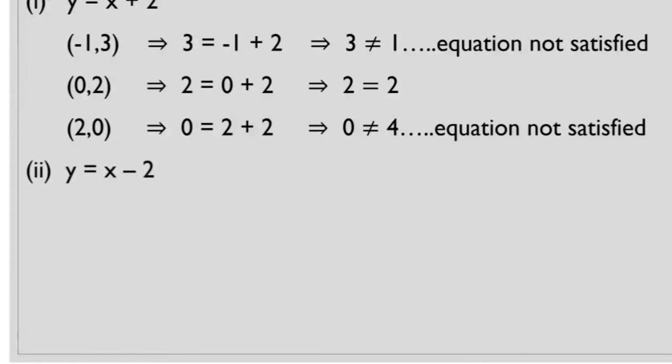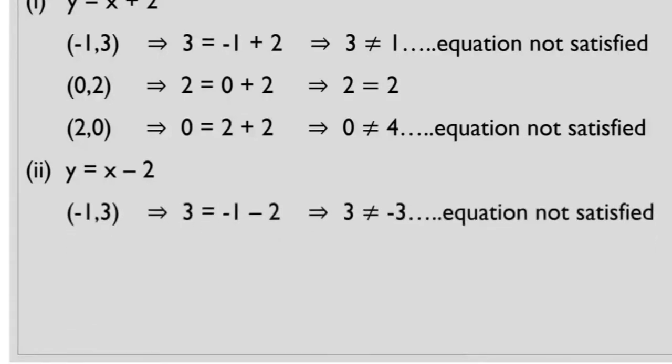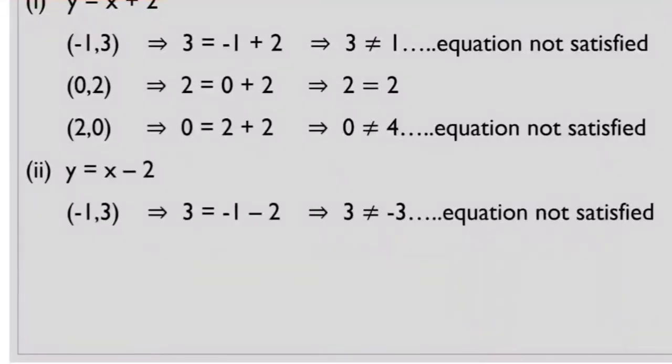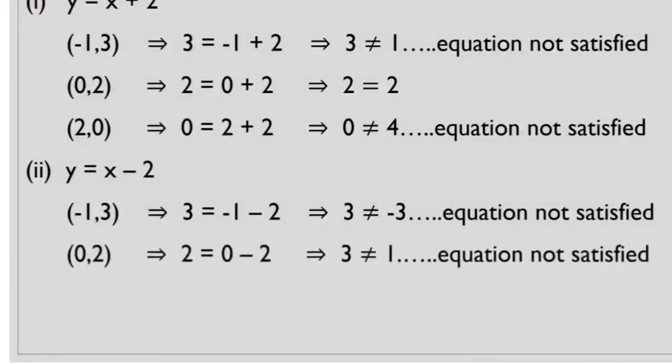Second equation, y equal to x minus 2. Let's cross check. Minus 1 and 3. Inserting the values, we can see that y is 3. So we have written 3 equal to minus 1, the value of x, minus 2. So we will get 3 which is not equal to minus 3. So the pair does not satisfy this equation. Another pair 0, 2.